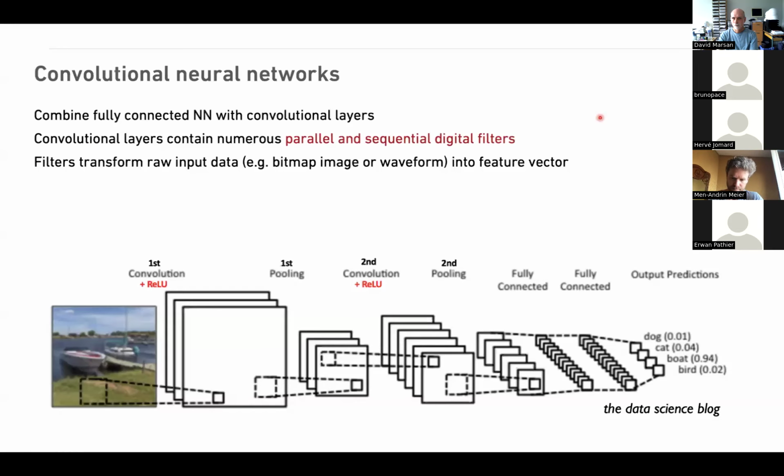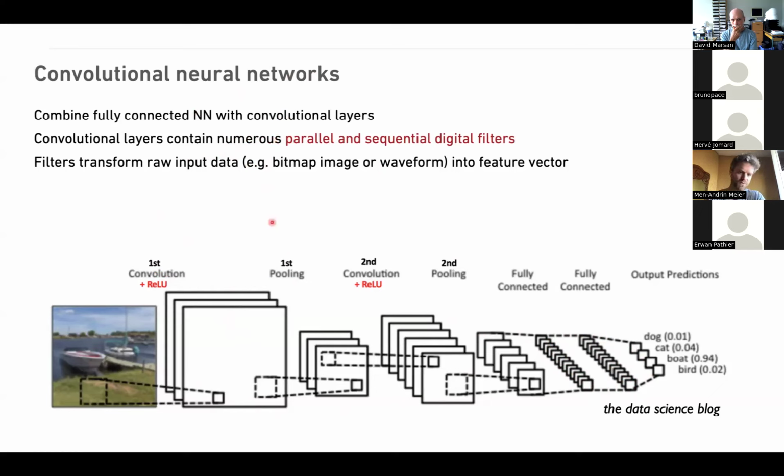And the general principle of convolutional neural networks is as follows. The classic ConvNet combines the neural network as we just described it, shown here in the last two layers of this network, with what we call convolutional layers. The convolutional layers are the ones with the larger symbols, and they consist of numerous parallel but also sequential digital filters.